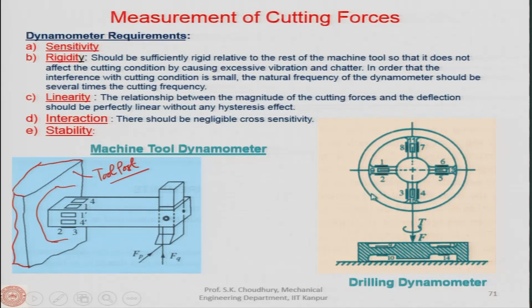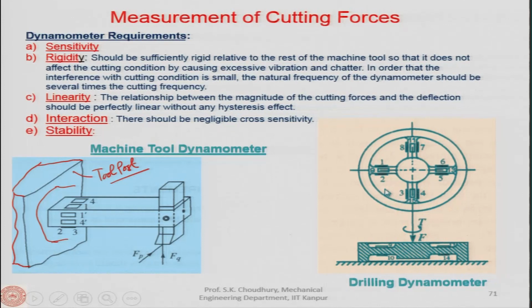So, there are 16 elements of gauges or piezoelectric elements which actually will sense 2 types of forces. One is the torque and another is the thrust force, which helps the penetration of the drill into the workpiece.